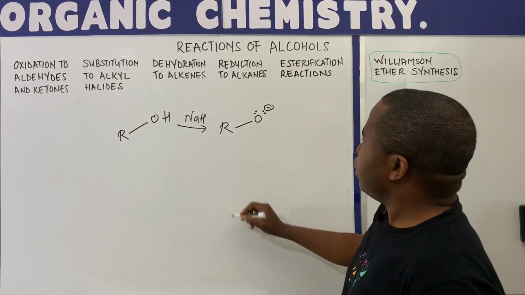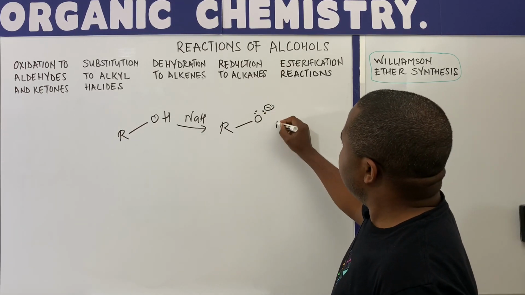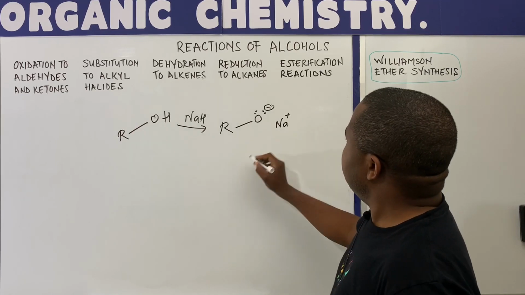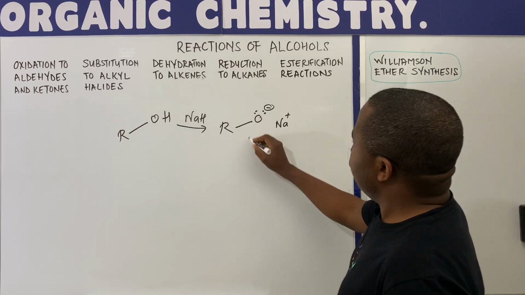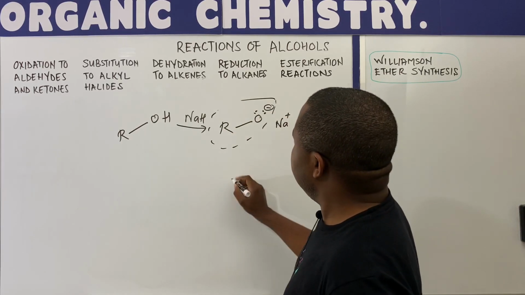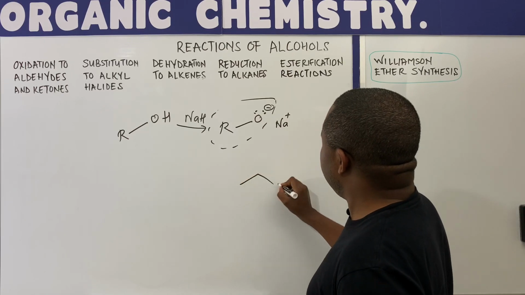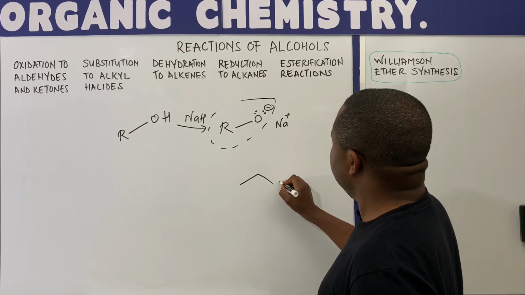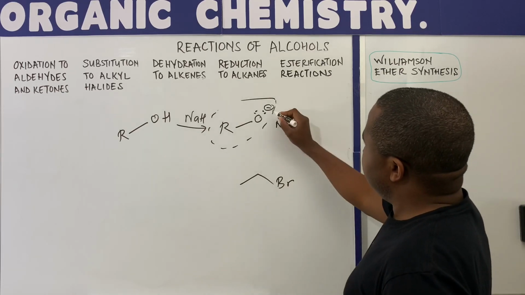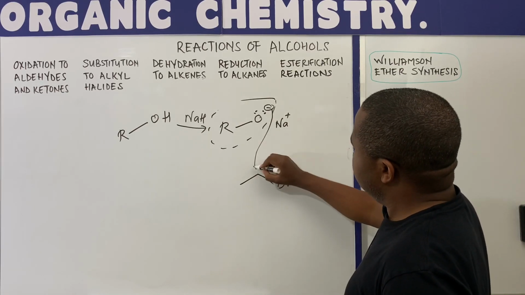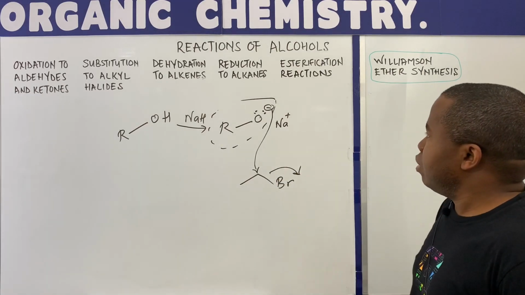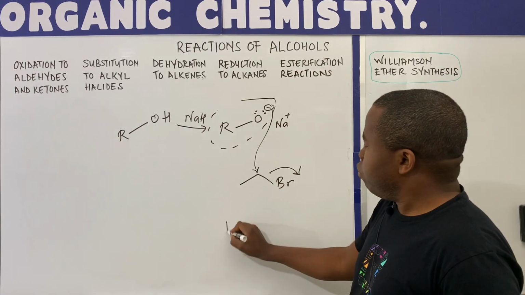We can put the sodium ion there to balance the ions. This alkoxide can then attack a primary alkyl halide, let's say ethyl bromide, and the bromine atom leaves, as a good leaving group, so that we form this.